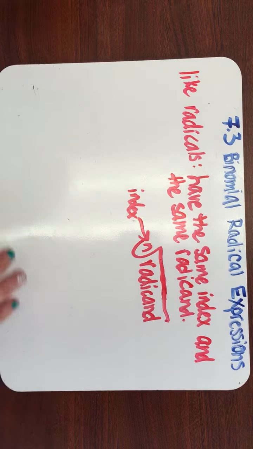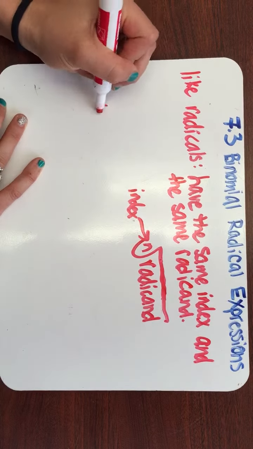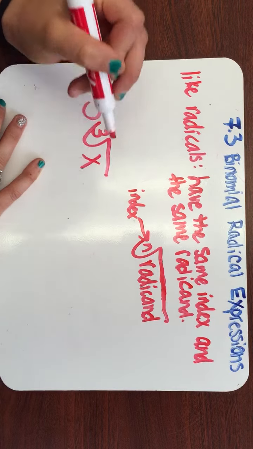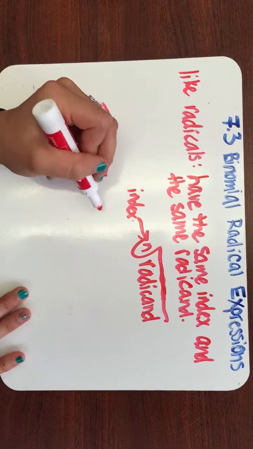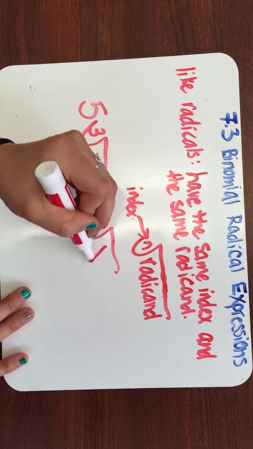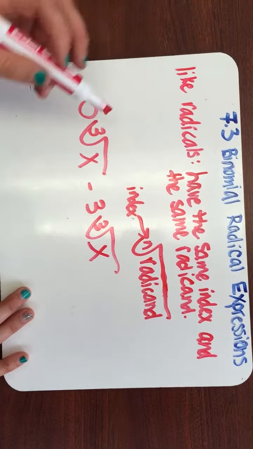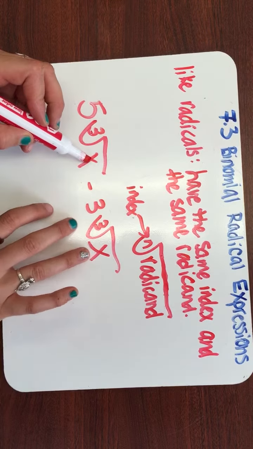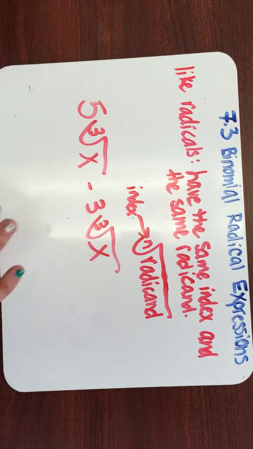So, for example, if we take 5 cube root of x minus 3 cube root of x, these are like radicals because they have the same index, 3, and the same radicand, x.